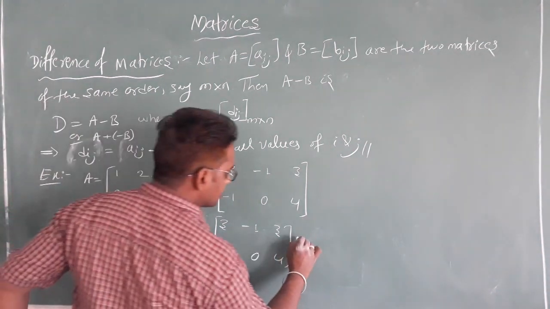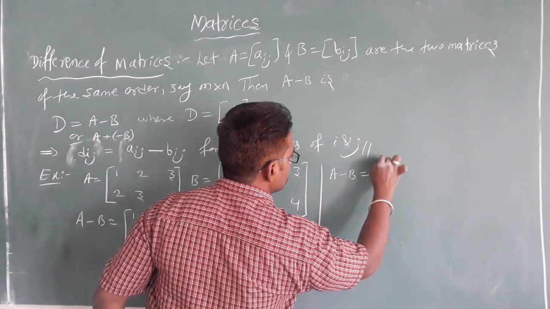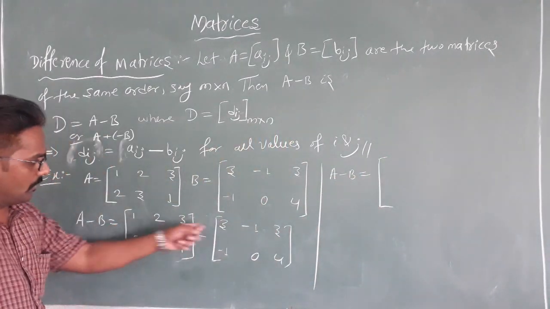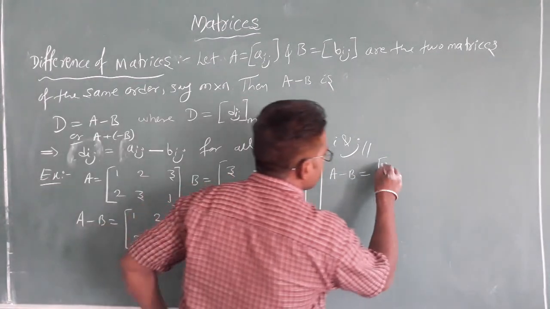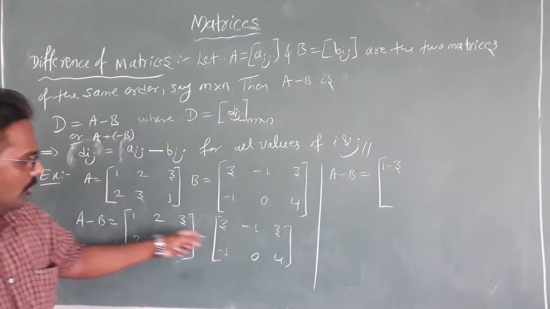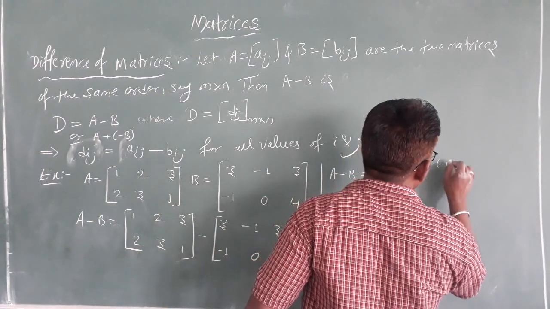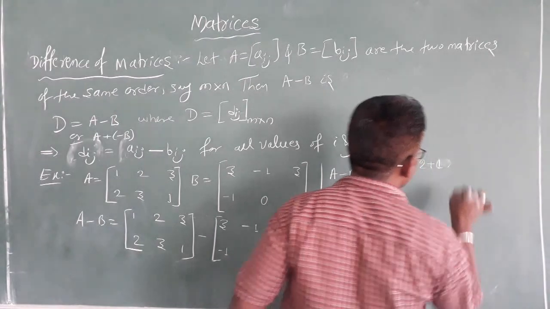So the matrix obtained, A minus B, is equal to 1 minus 3, first row first column element, 2 minus of minus 1, that is 2 plus 1.